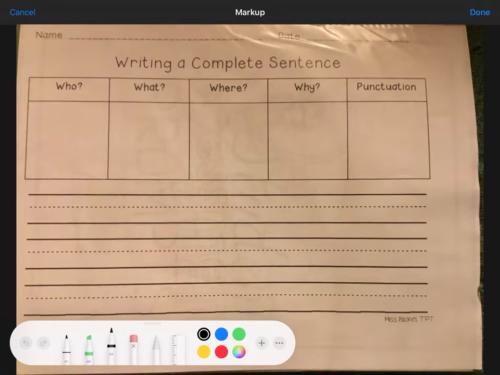And here we go. All right. So we are going to write about cleaning my basement this weekend. And I cleaned it with my husband, Mr. Davis, and it was extremely messy. So let's go through it step by step to fill in our boxes.